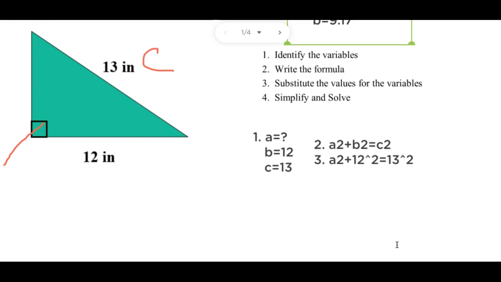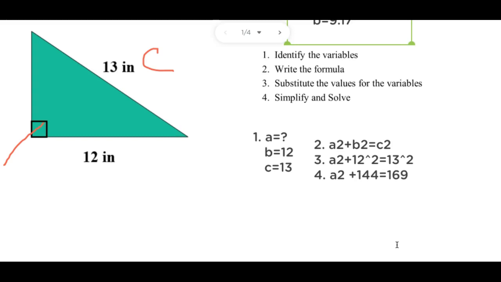Substitute the values for the variables. Step 4, oh, I've already done it. I'm tripping. I think now I'm at simplify and solve. So that'll still be A squared plus 144, which is 12 squared, equals 13 squared, which is 169.